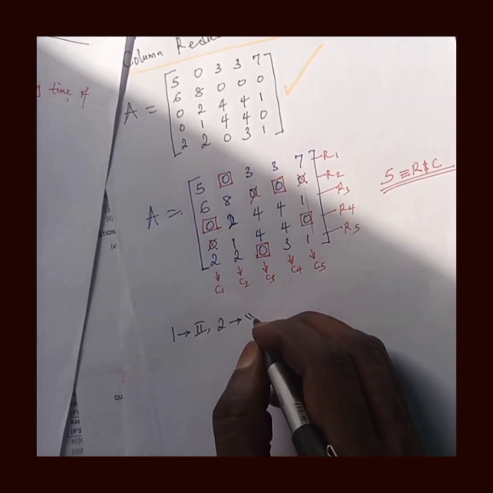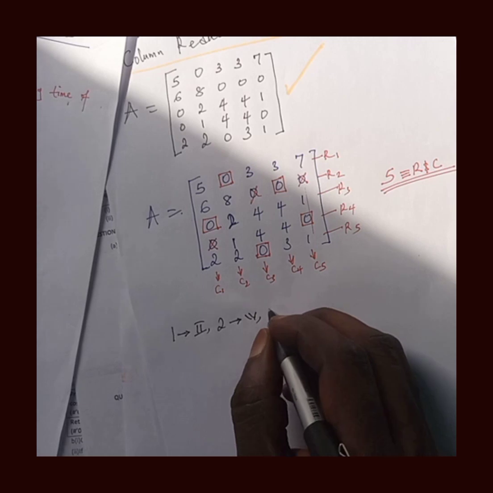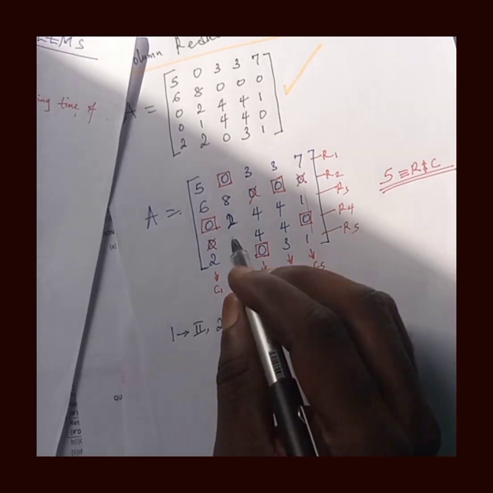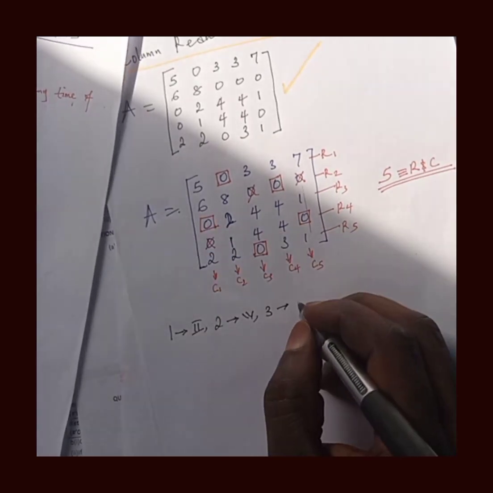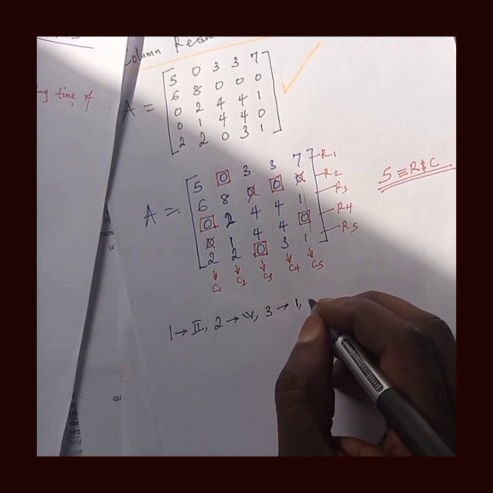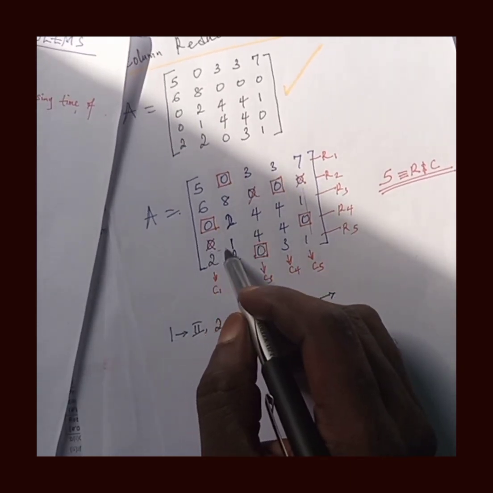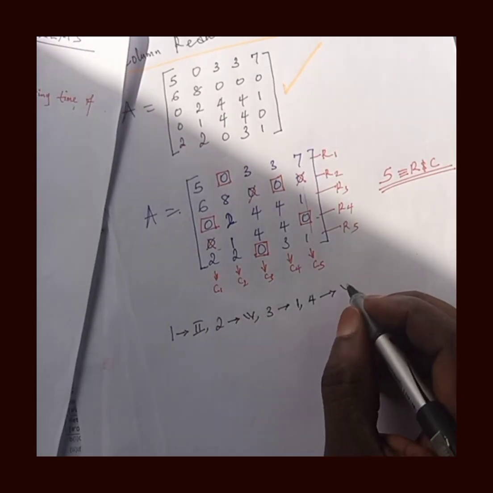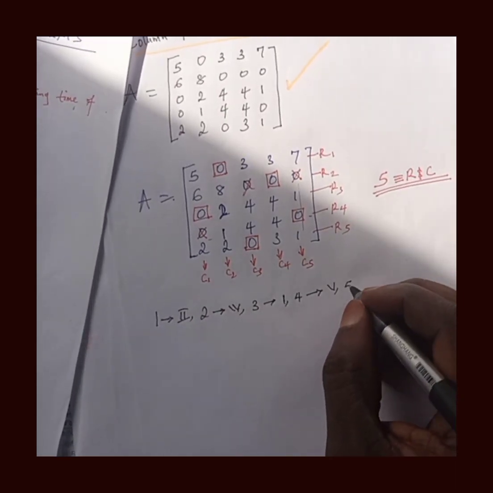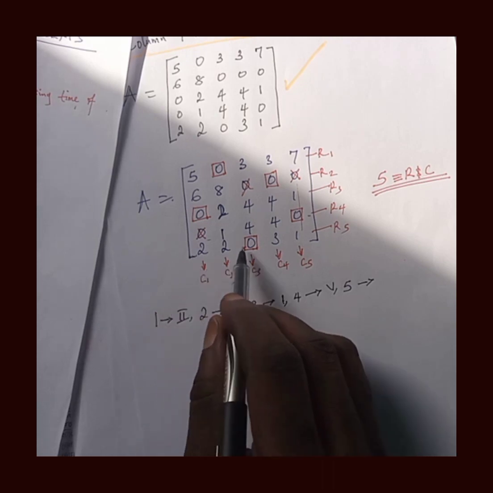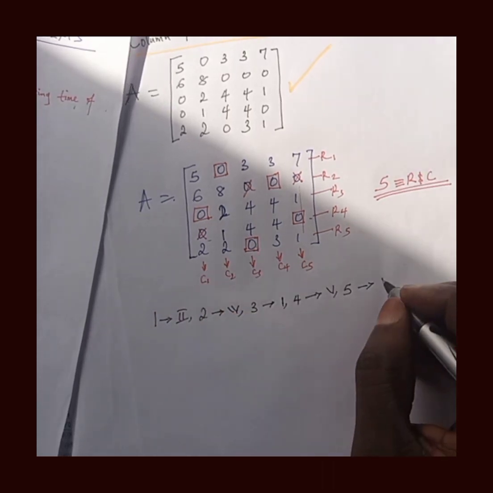And the third person is assigned the first job. Then the fourth person is assigned the fifth job, and the fifth person is assigned the third job, which is 1, 2, 3.